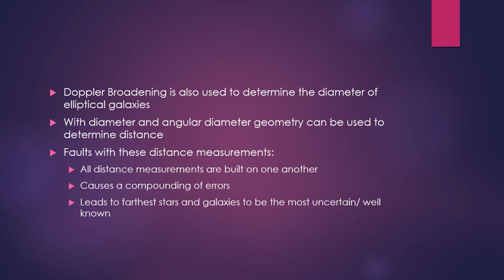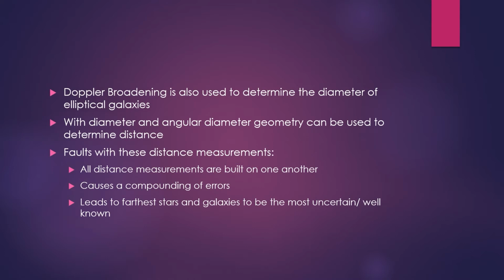Faults with this is that the errors from other distance measurements, which are used to help determine farther and farther stars, actually accumulate, meaning if star 1 has a little bit of an uncertainty, that's going to be added together to the next uncertainty and added to the uncertainty after that and after that and after that. So you end up with this buildup of uncertainty.